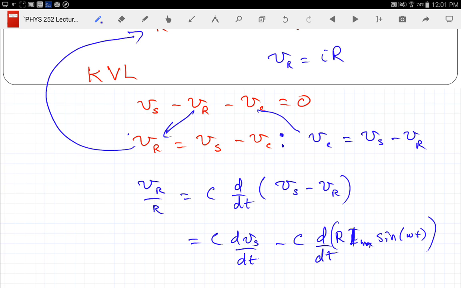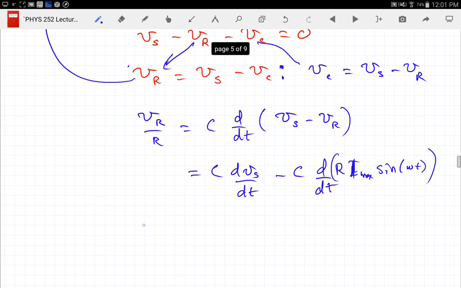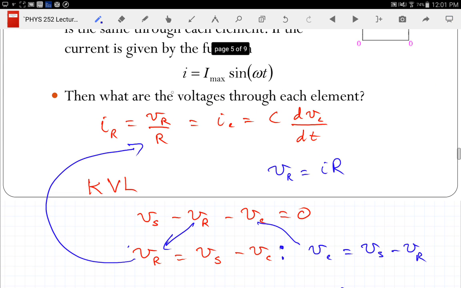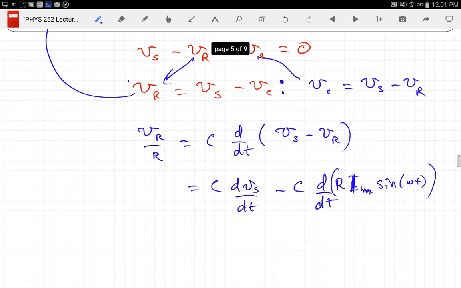Doing the derivative of V_R is really quite simple. Derivative of sine, and you have to bring out the omega. So for V_R here, what's V_R divided by R? By definition, it's going to be the current.